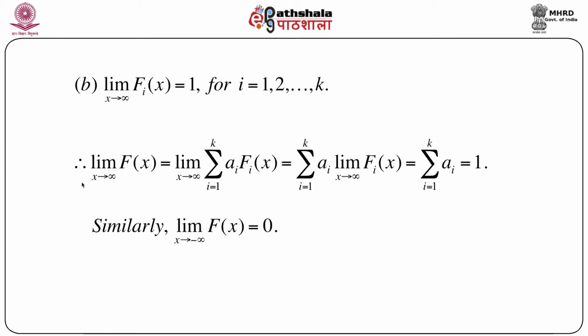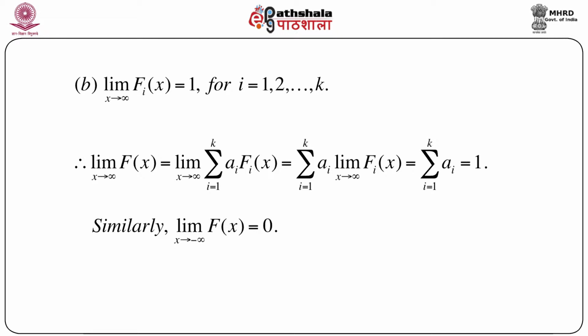Like if we put x goes to minus infinity, then here also limit x goes to minus infinity summation a_i F_i(x), summation is nothing but a finite sum, i equals 1 to k, because k is a finite number. So we can bring the limit inside the summation sign, and limit F_i(x) equals 0 as x goes to minus infinity.